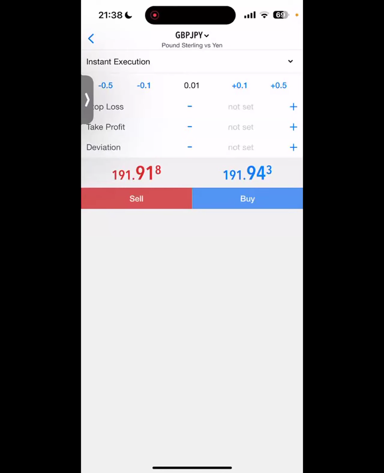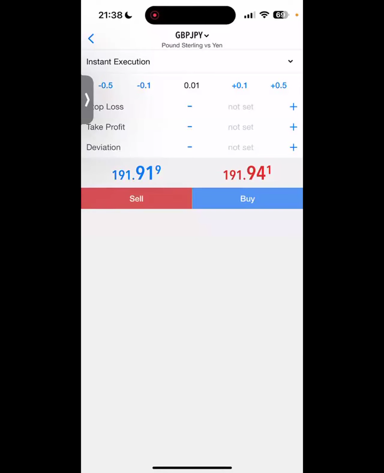Use that as a solid foundation for whatever account size you're going to have, a 500, a 1K, a 2K.